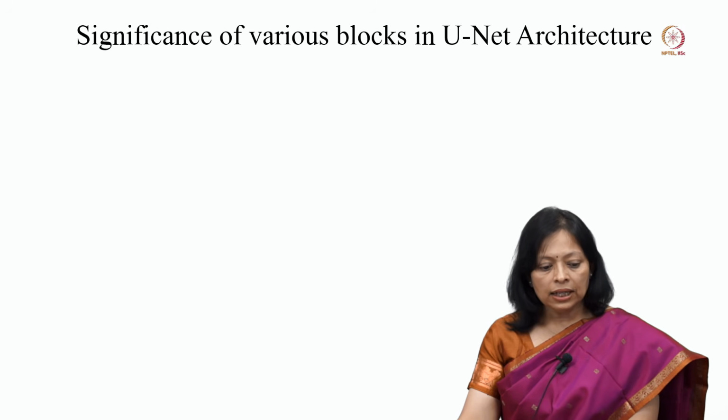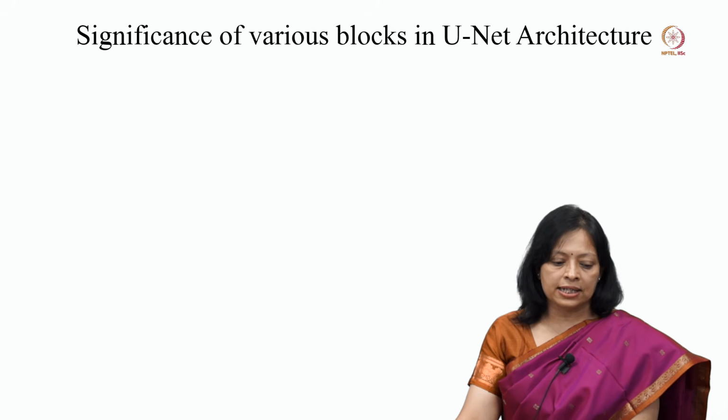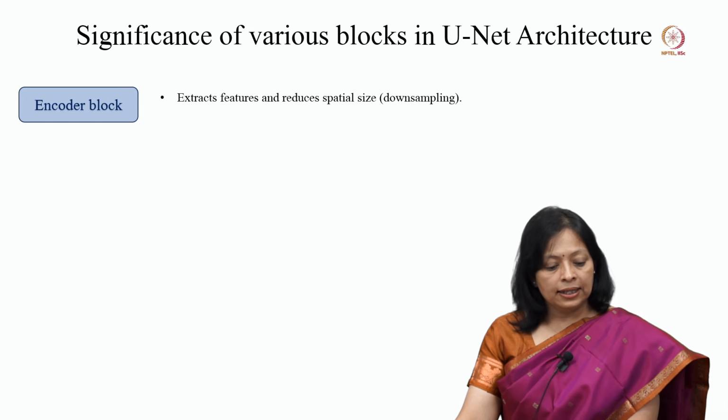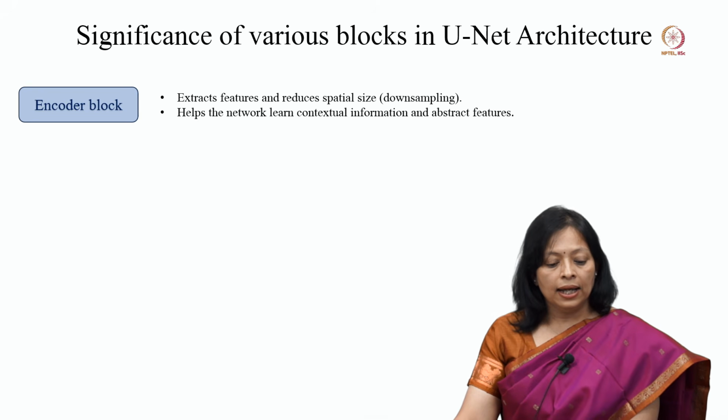Now, the significance of various blocks in the U-Net architecture, I have explained it, but just to have a quick run through. In the encoder block, we extract the features and reduce the spatial size through downsampling. It helps the network to learn contextual information and abstract features.